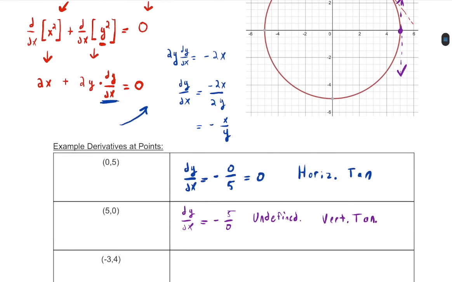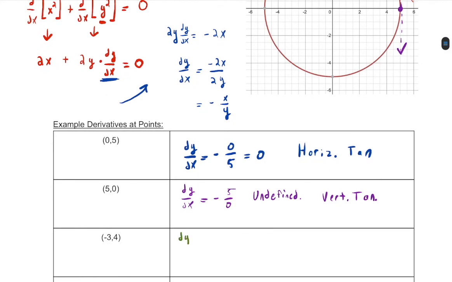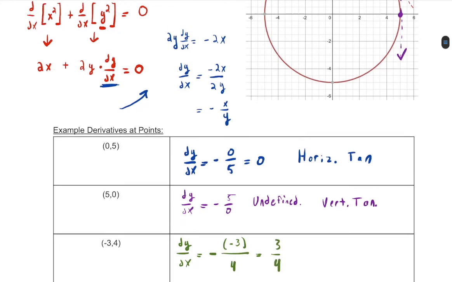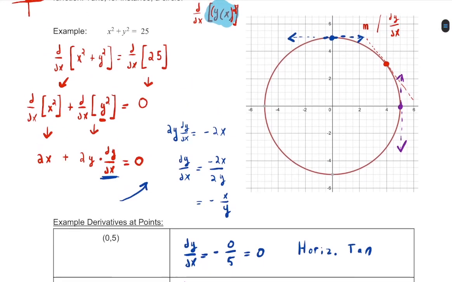If we look through just two more, negative 3, 4. So the derivative of y with respect to x is equal to negative negative 3 over 4. So we're going to have a slope of 3/4. Let's just gut check that. At negative 3, 4, up 1, 2, 3 over 4.